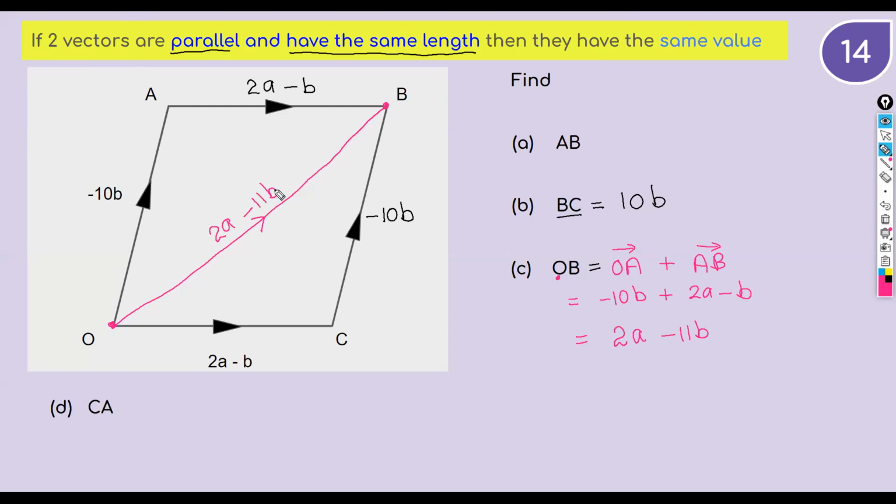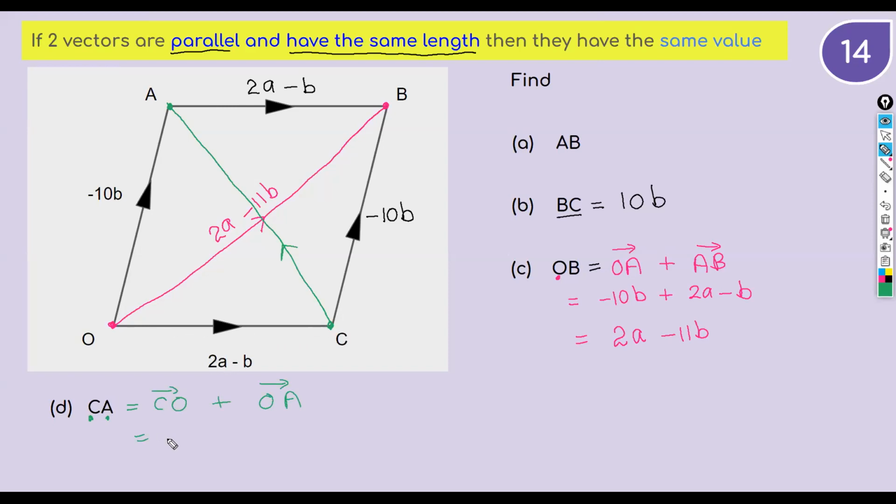So let's work out the last one, right? Let's work out CA. You're journeying from C and you're trying to reach A. Now there are two ways, obviously. You could go the top route, you could go the underneath route. I'm going to go the underneath route this time, but make sure I put on the plan for the examiner. You're going to go from C to O, and then from O to A. CO is against the arrow.